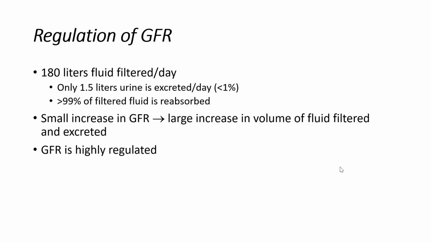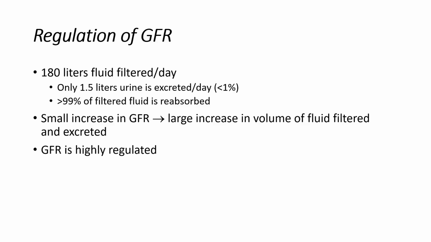What this also tells us is that a small change in GFR results in a large change in volume that's being filtered. And so in order to prevent us from losing that volume, we have to very tightly regulate our GFR. If GFR raises above 125 milliliters per minute, we end up seeing a large amount of volume being filtered and excreted inappropriately.